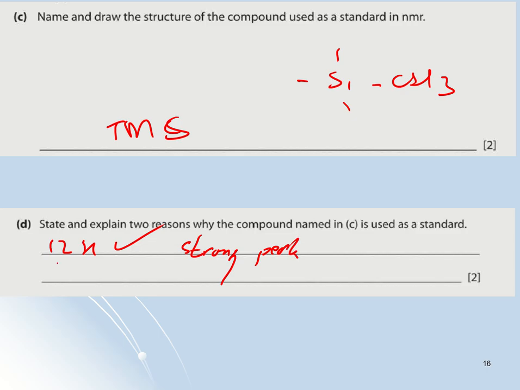And all of those hydrogens are equivalent, so that gives you a sharp peak, and a strong peak. Actually, this is the strong peak, and this one here is the sharp peak. The other thing about it is it's inert, so it doesn't react with your sample.